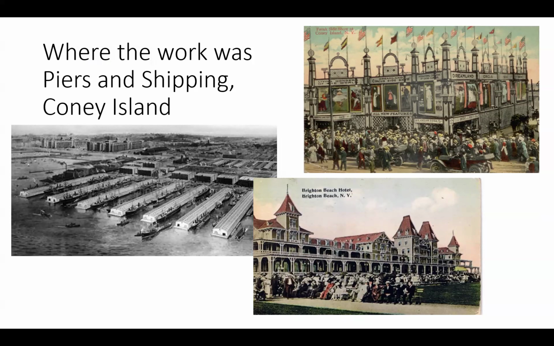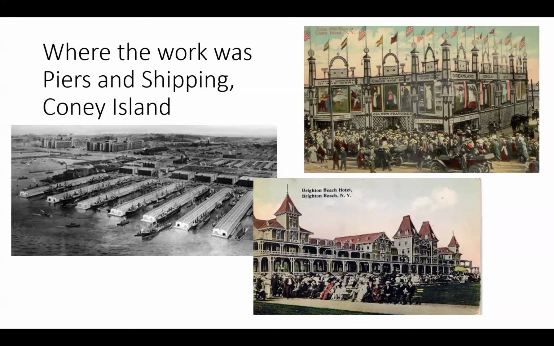Well, the Eastern European Jews, when they were still coming in the late 1800s, of course, had to find jobs. And Brooklyn had a lot of jobs to offer. We see the Brooklyn Navy Yards, shipbuilding industry. During the Civil War, almost every ship used by either the North or the South was built in the Brooklyn Navy Yards.